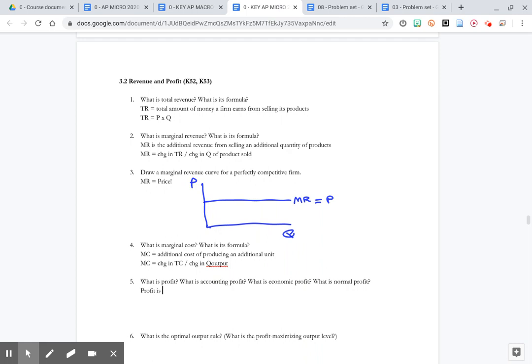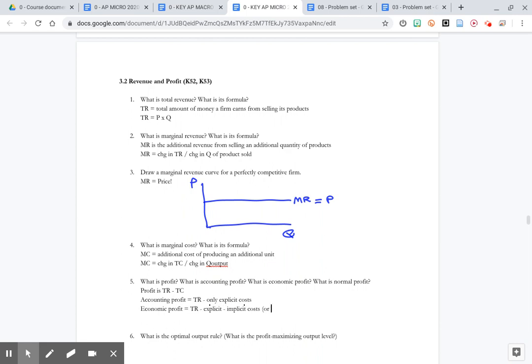So what is profit? Well, profit is the amount you get to keep after you subtract out your costs. So it's TR minus TC. It's considered the earnings of the firm after you subtract their costs. Accounting profit is equal to total revenue minus only explicit costs, whereas economic profit is equal to total revenue minus the explicit minus the implicit costs.